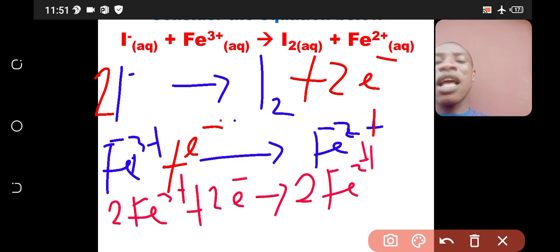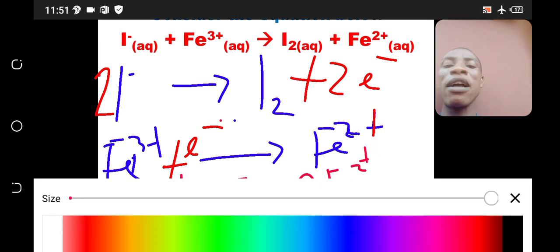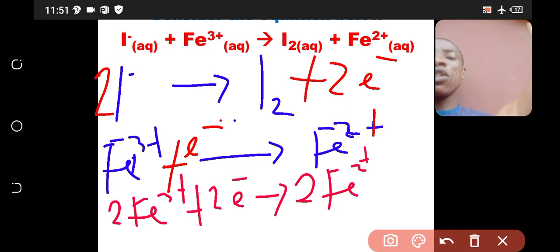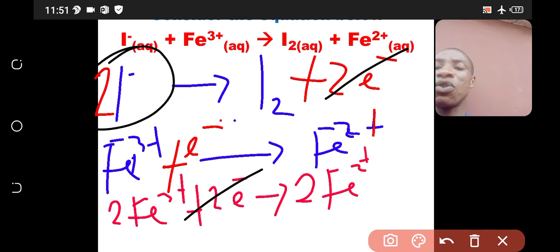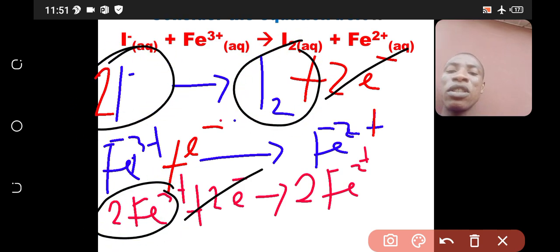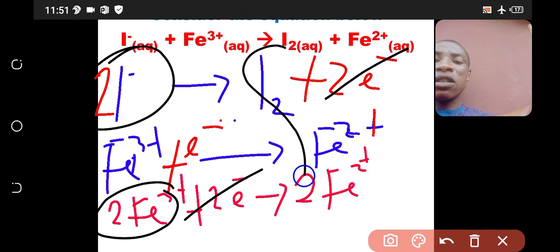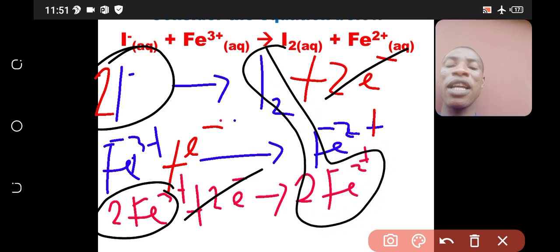So that's just the equation. Then you balance out the electrons: 2 electrons cancel out 2 electrons. Then you add reactant to reactant, product to product. Right? So you get your answer.